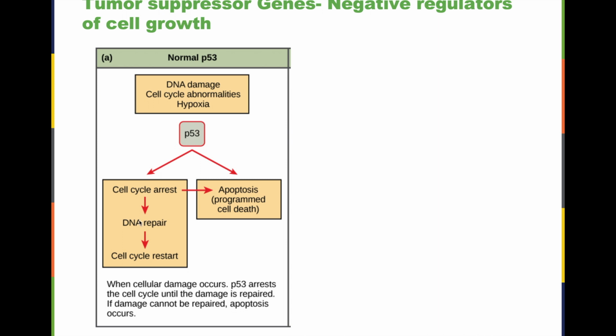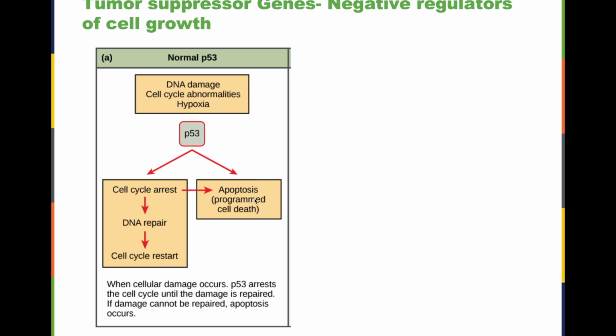And then once the damaged DNA is repaired, it allows the cell to go through the cell cycle. Another thing that p53 does is that sometimes it pushes the cell to kill itself. And this happens when the DNA damage is so high that there's really no hope for the cell to have a normal cell cycle. In a way, it prevents cells from becoming cancerous.